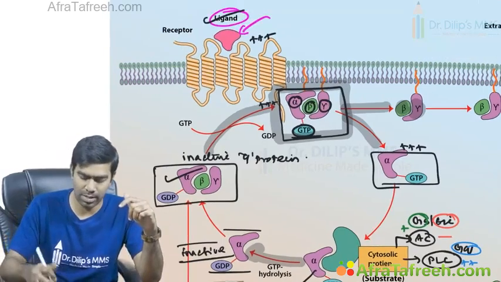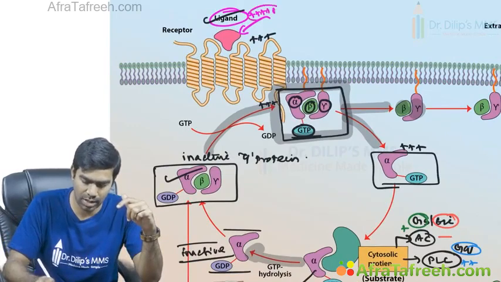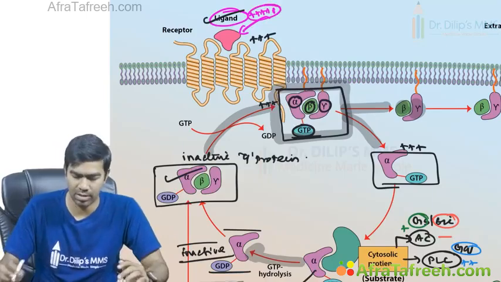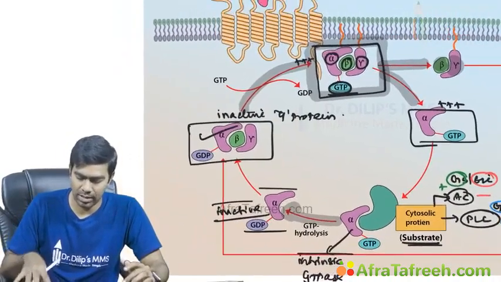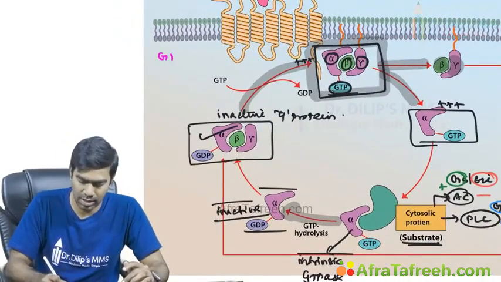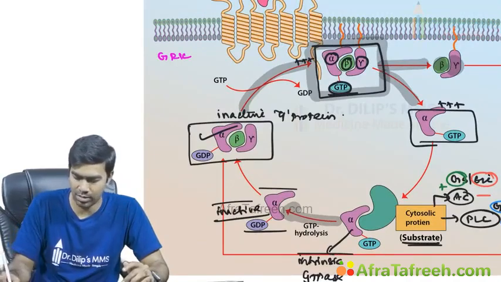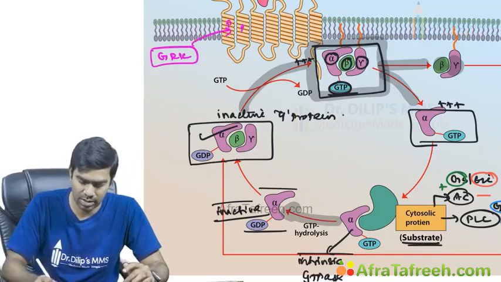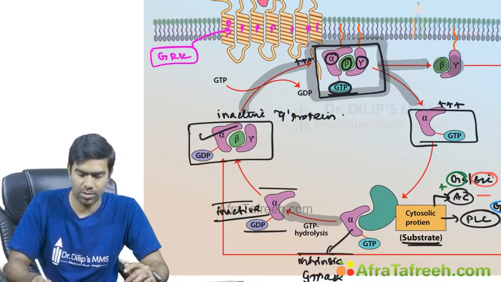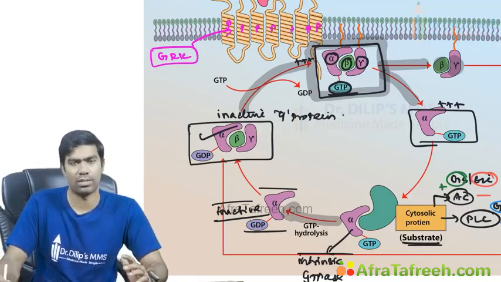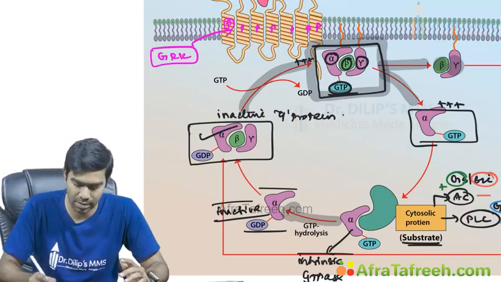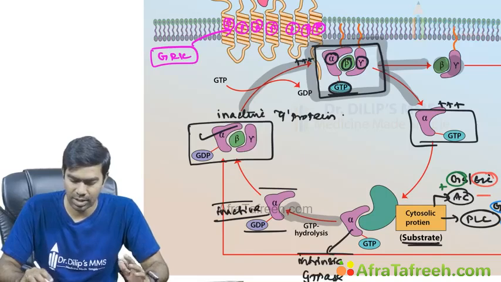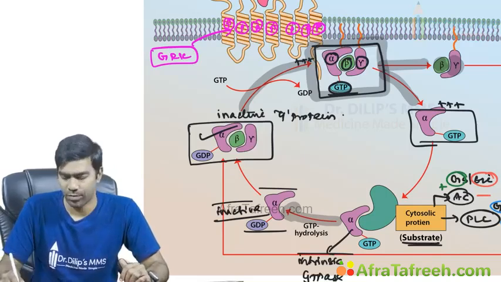Suppose a ligand is binding continuously and stimulating the GPCR continuously, then there is an enzyme called GRK. It's a kinase, actually, which is going to phosphorylate the transmembrane receptor domain. Clear?